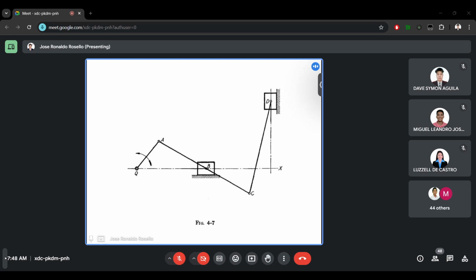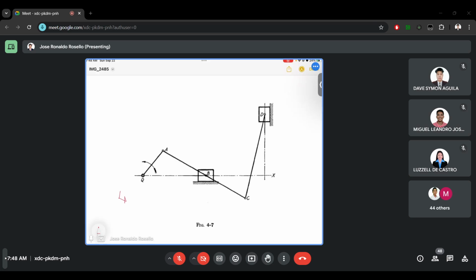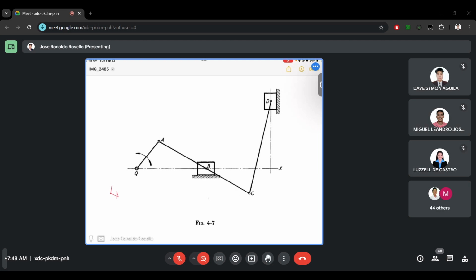So let's say QA is rotating at 100 RPM, moving counterclockwise, having a length of 10 mm. If this is the case, let's compute the velocity at A using this given.